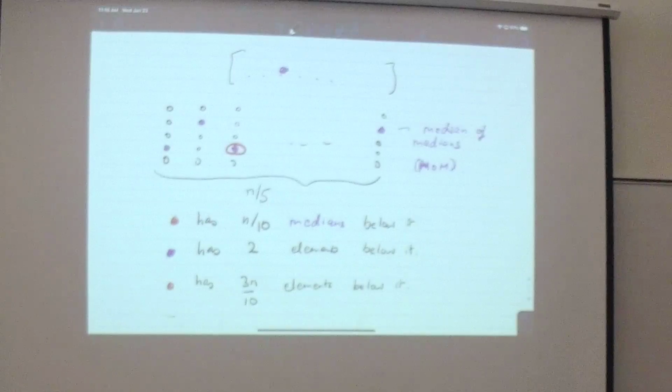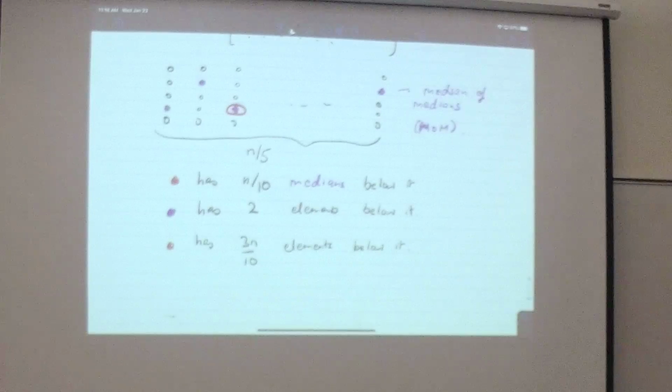Okay. So this red point has 3 n over 10 elements below it. By the way, can you make the same reasoning and replace below by above? You can. Just everything reverses.